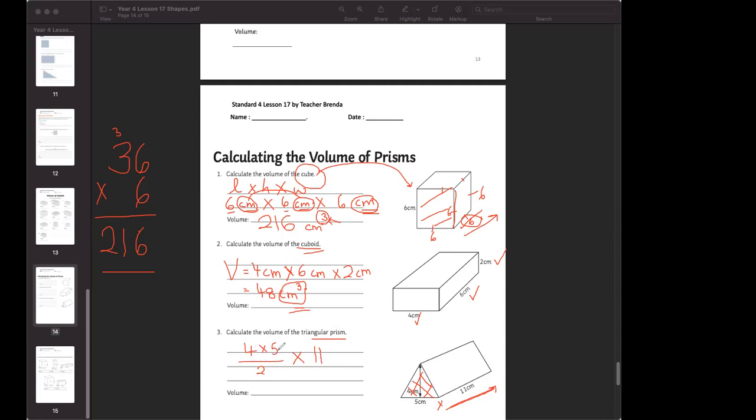So over here, 4 times 5 is 20. 20 divided by 2 is 10. 10 times 11 is 110 centimeter cube. Angeline, fantastic. You have got this. And if you can do this, guys, you're good to go. Hats off.